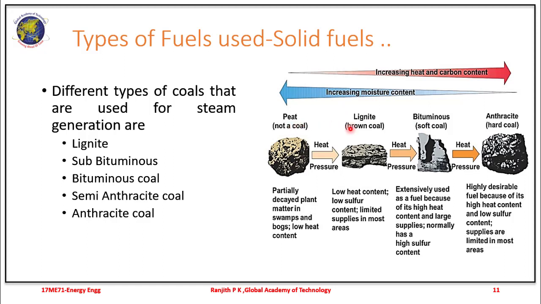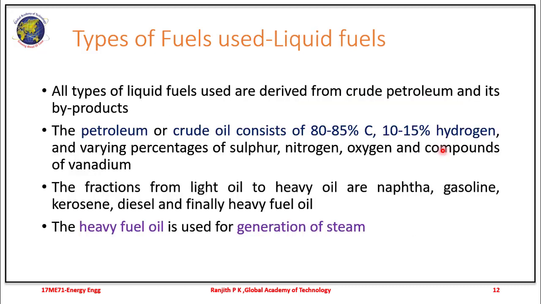As the type varies, you could see that there are increasing heat levels and increasing carbon content values, and the moisture content is decreasing. It is usually found that either soft coal, bituminous coal, or anthracite coal is the most widely desired fuel to be used in a steam power plant.